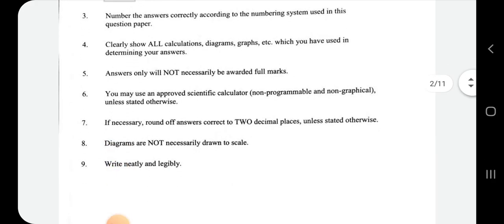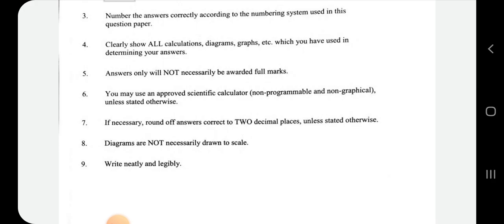So don't come up with your own numbering system, number exactly the way the questions are numbered in the question paper. Number 4: clearly show all calculations, diagrams, graphs, etc., which you have used in determining your answer. With mathematics, it's very important you show your steps.